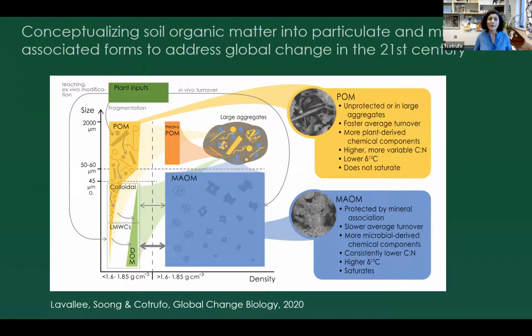And so in a way, the scientific picture is by far more complex than just a POM and a MAOM, and we are for sure digging down into it. But I still want to point out that the POM and MAOM framework is very useful to move ahead and provide solutions. But if we want to do that, we need to be able to measure them at scale.